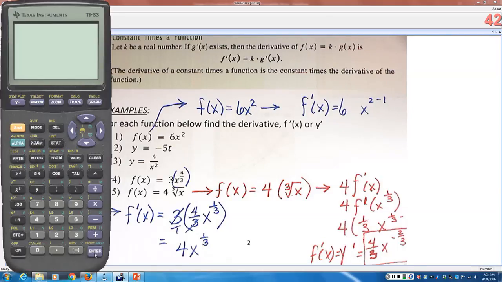You drop the power down in front, and then leave it as a power and reduce it by 1. You got the second part. What happens when I drop it down in front? Do I have just x to the first power, or do I have 2x to the first power? Would it just be x?